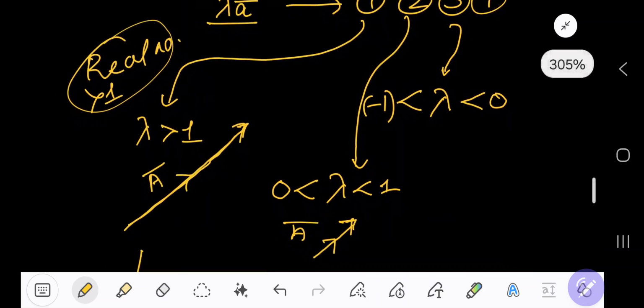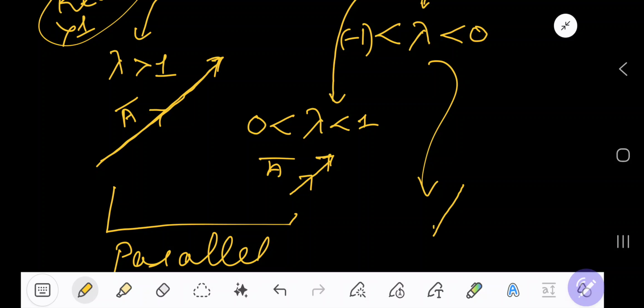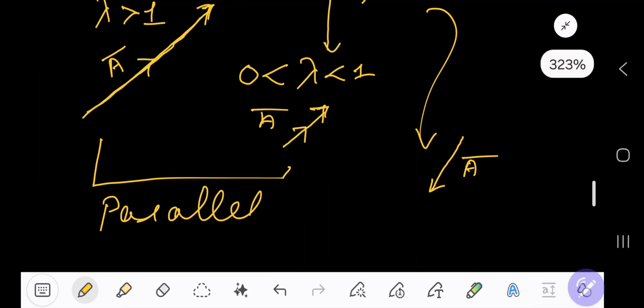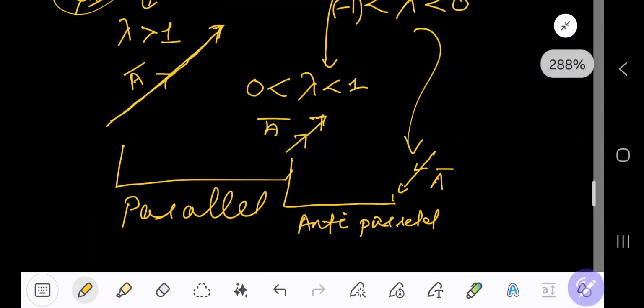What would happen when lambda is greater than -1 but smaller than 0? This would mean that the magnitude would decrease and the direction changes. If you can tell, these both are anti-parallel. So their directions are different, but they're still parallel to each other.